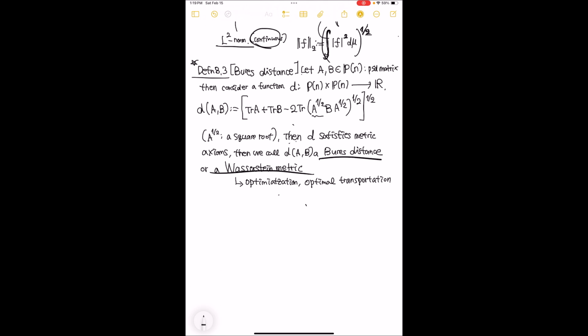So a natural question, if some people call the Bures distance the Wasserstein metric, is why the Bures distance is related to optimization.